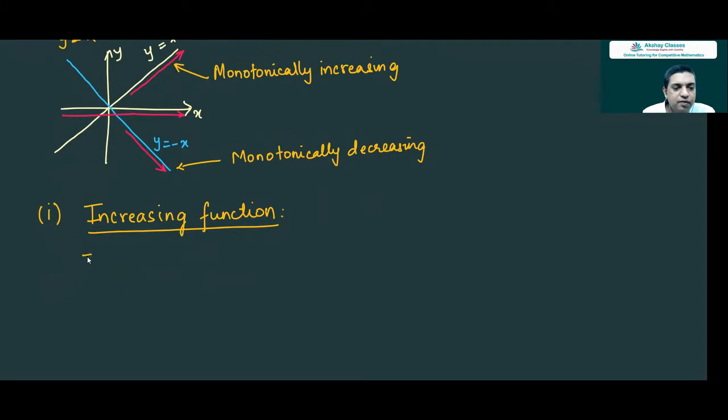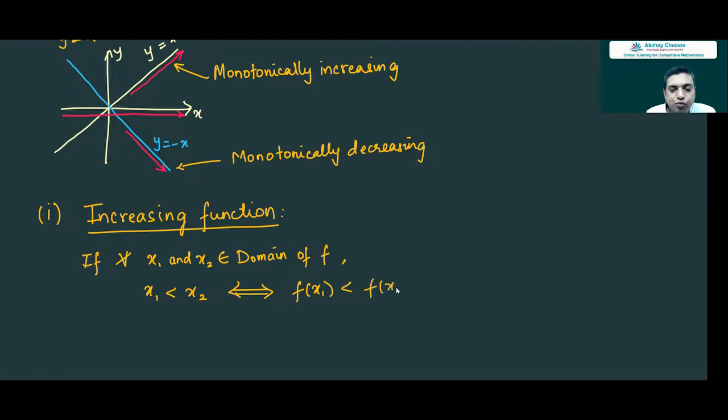Now, if for all x1 and x2 belonging to the domain of f, I'll write D, each time I'll not write domain, for x1 less than x2 implies, or double implies, that f of x1 is less than f of x2, then f is said to be a strictly increasing function.